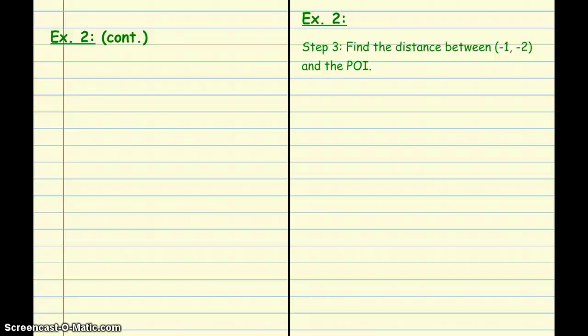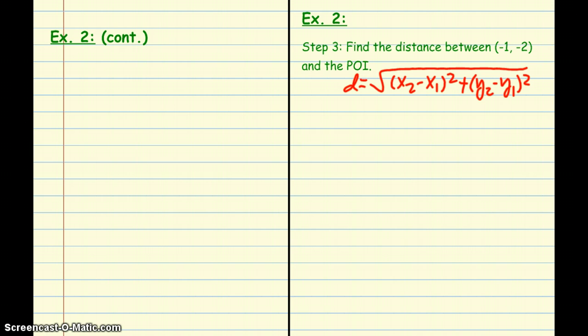So again, we're going to use the distance formula. So distance equals x2 minus x1 quantity squared plus y2 minus y1 quantity squared, and we're going to substitute in our information. So 23/10 plus 1 quantity squared plus the quantity of -9/10 plus 2 quantity squared.